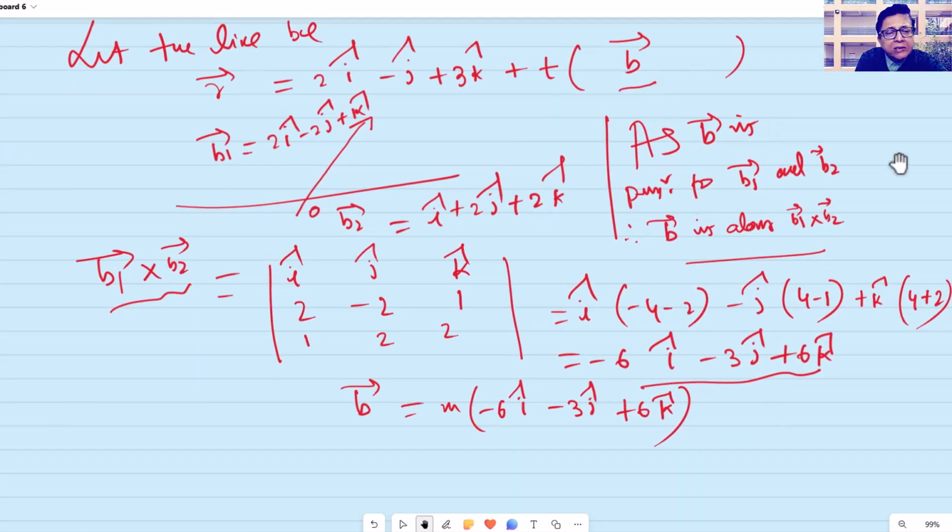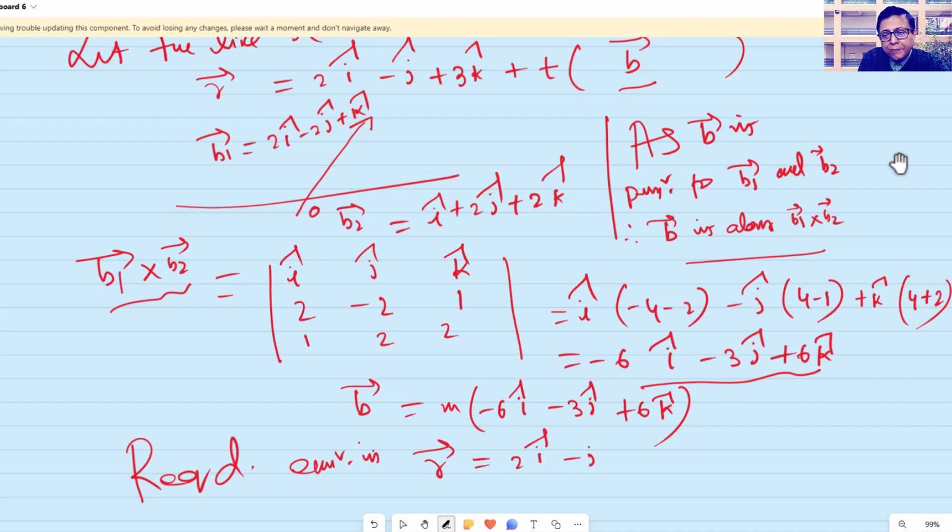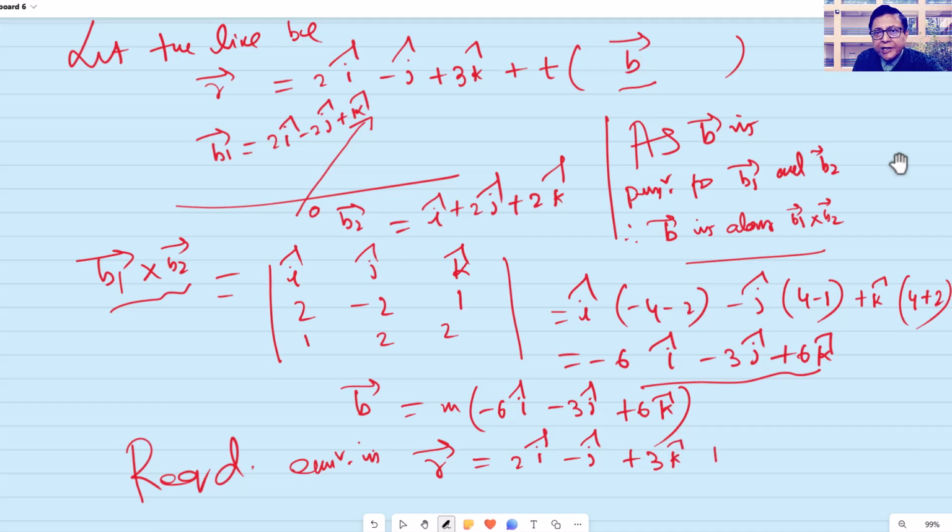Where? Here. So the required equation is going to be what? r equal to 2i minus j plus 3k plus t into m times that. Both are scalars. Will you keep this form?